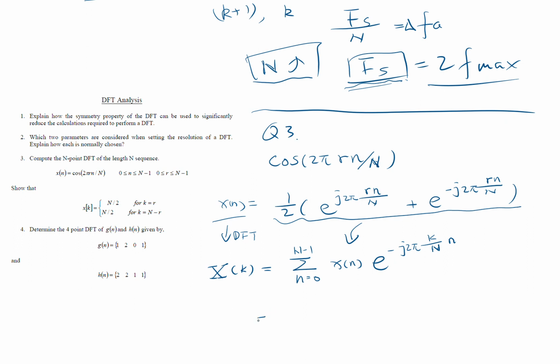So this capital X[k] is going to equal the sum of n equal to 0 to N minus 1.